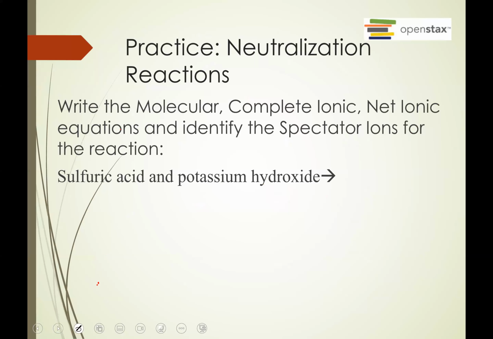Okay, so I want you to practice this one. Sulfuric acid and potassium hydroxide. Write the products of this reaction, and we're going to write the molecular, complete, and net ionic equations.